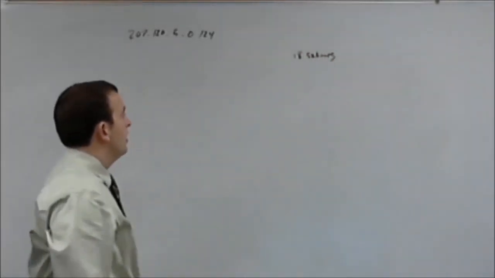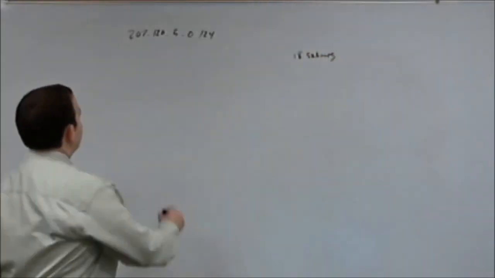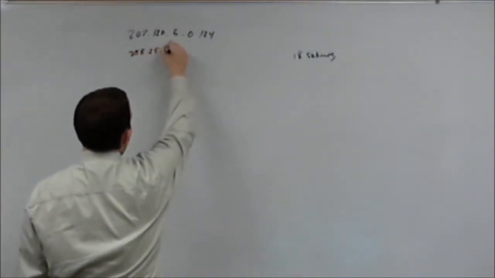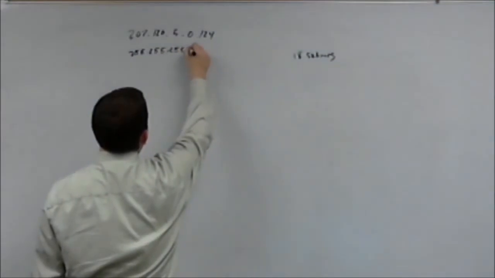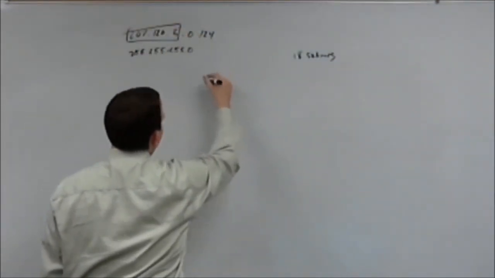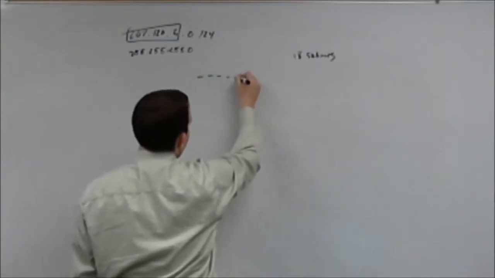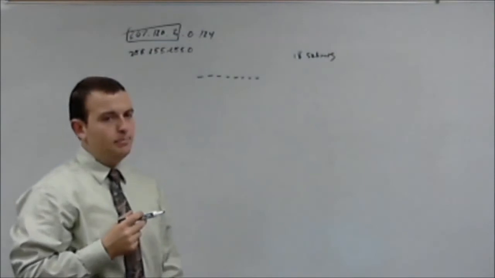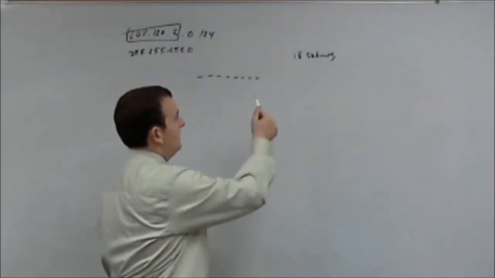Okay? So how we're going to figure that out is we're going to go over here, and we know that the part we can't change, the network ID, is this guy right here. Not ours to change. That leaves us with 8 bits. So, how many bits do we need to borrow to get 18?